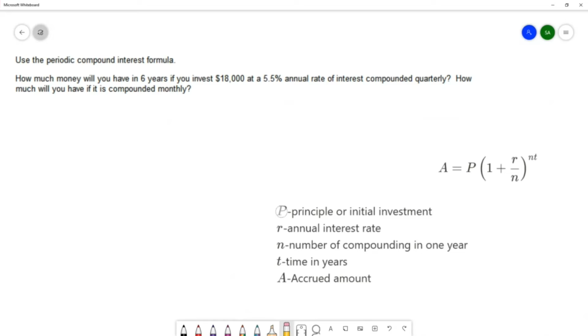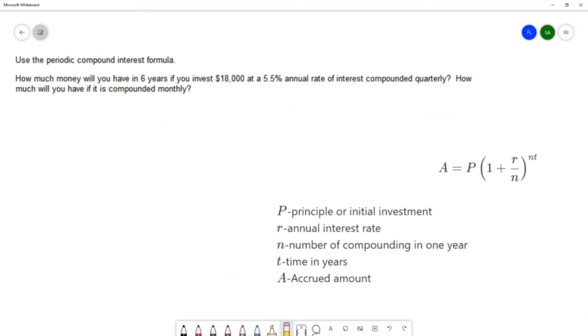P is the principal, or your initial investment. r is the annual interest rate. n is the number of compoundings in 1 year. Now that word can be a little bit confusing, but what it means is how often your interest is added into the account. t is time in years, and A is the accrued amount.